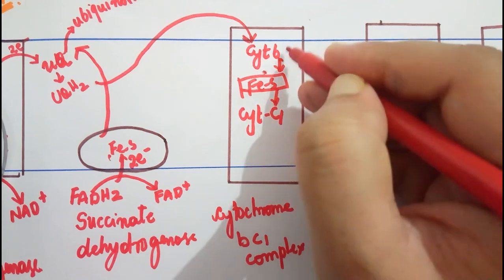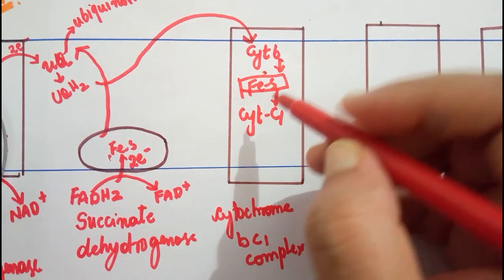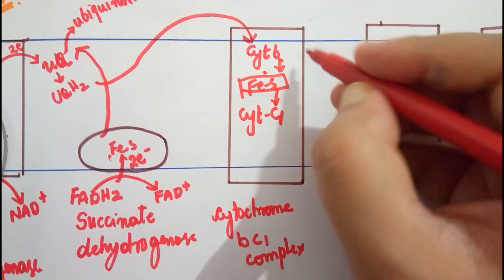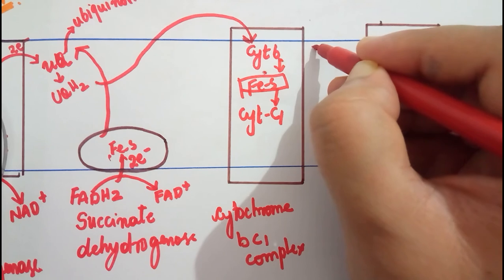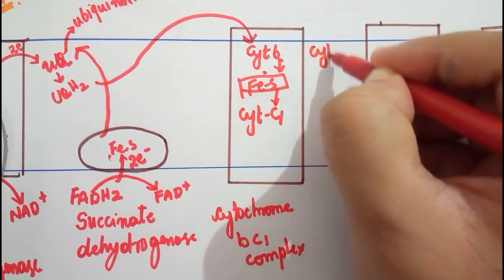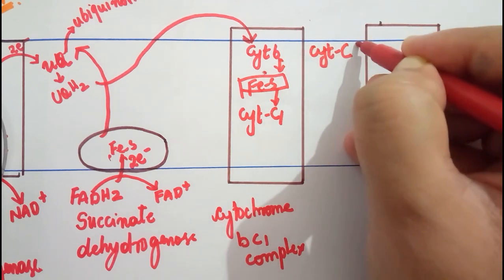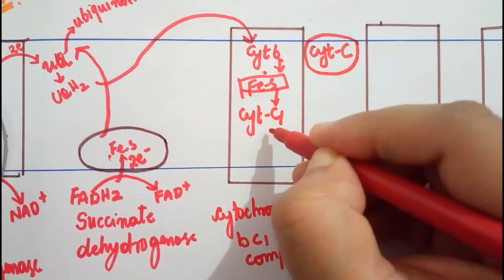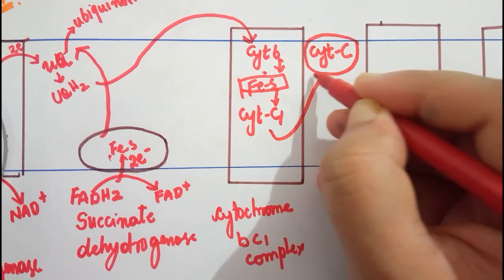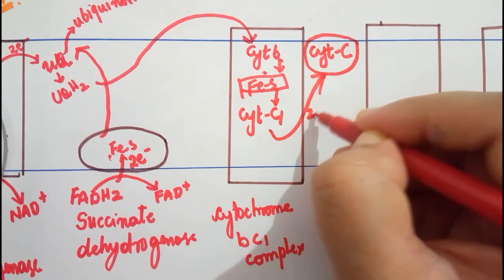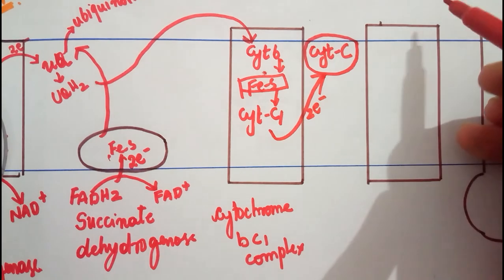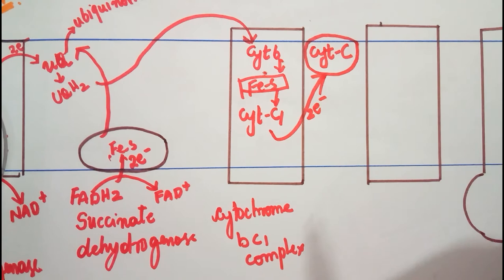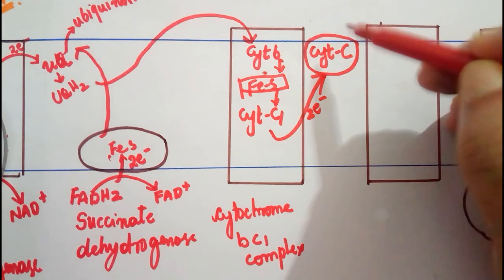Now from the cytochrome Bc1 complex, the electrons are given to one more compound, which is called cytochrome C. From cytochrome C1, the two electrons are transferred to cytochrome C. Cytochrome C is towards which side?